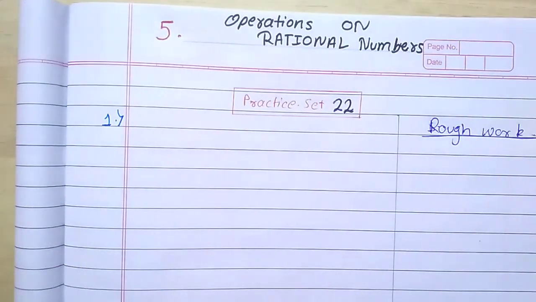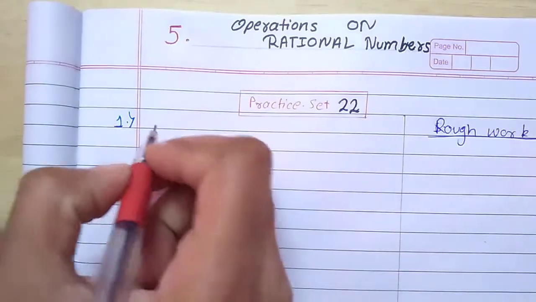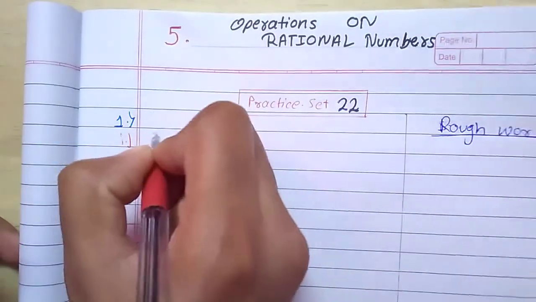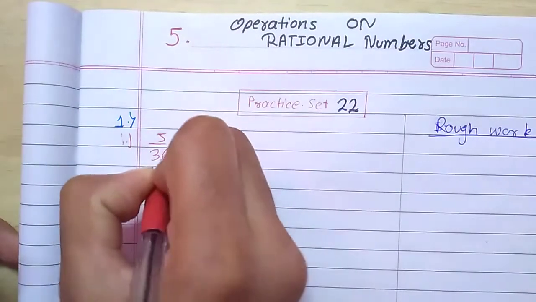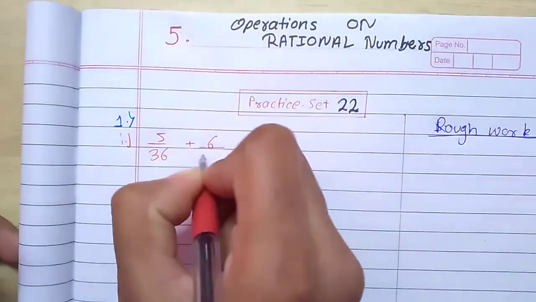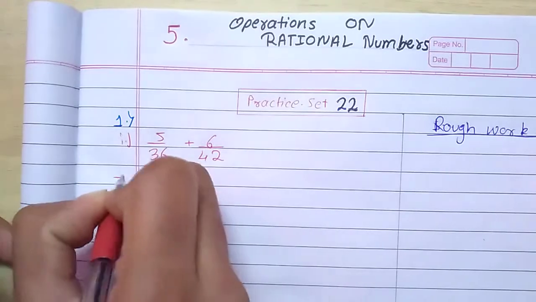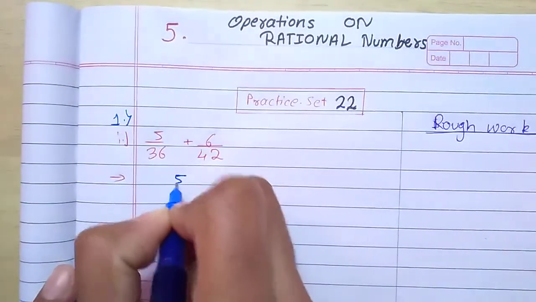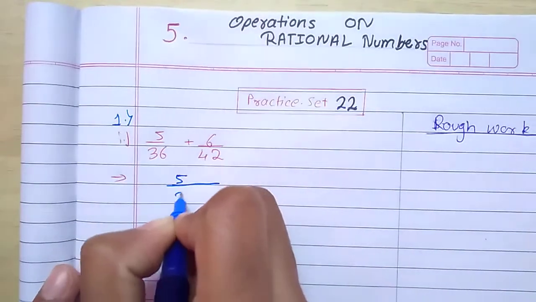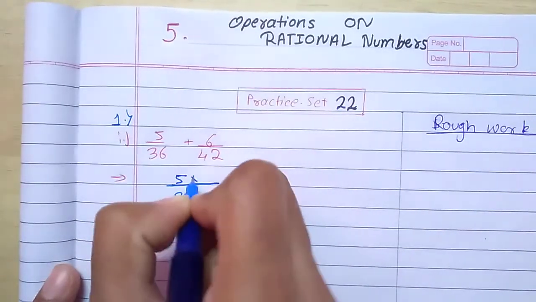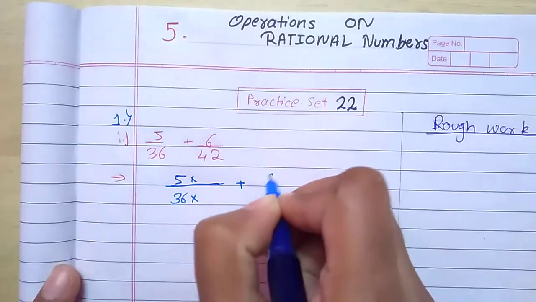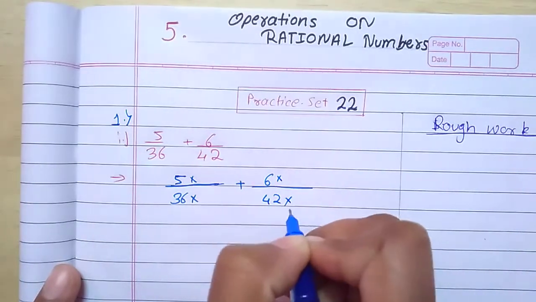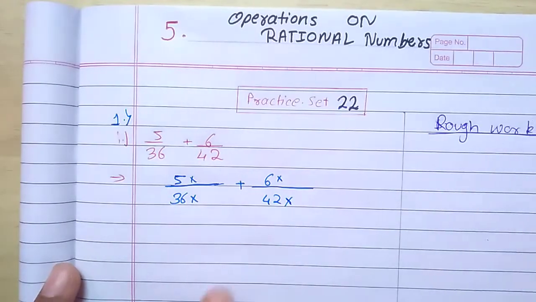See what's the question. First one: 5 upon 36 plus 6 upon 42. See how we'll solve it. Draw a big fraction line for each.